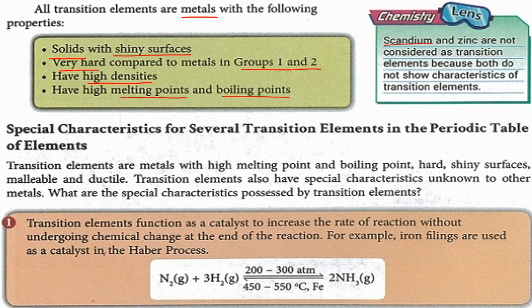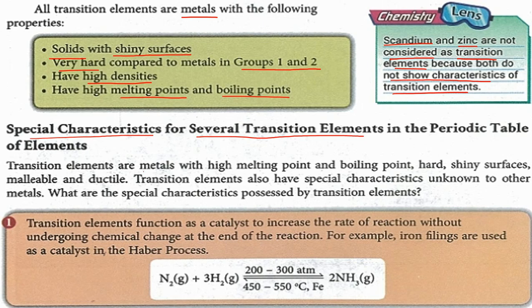Okay, scandium and zinc are not considered as transition element because both zinc and scandium do not show the characteristics of transition elements. Okay, so special characteristic for several transition elements in the periodic table of elements.